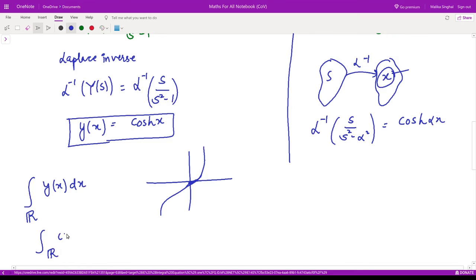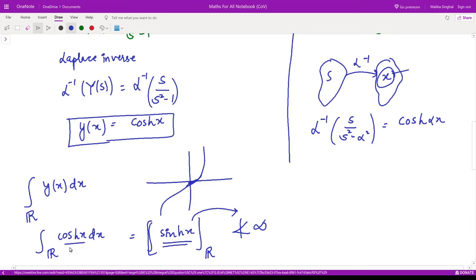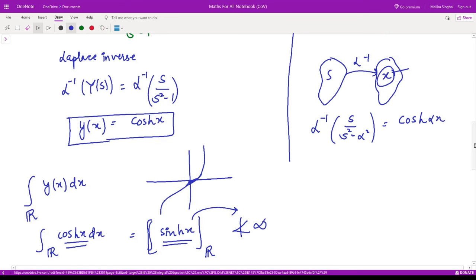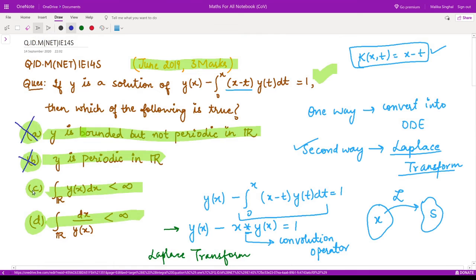It is equal to cos hyperbolic x dx, and the integration of cos hyperbolic x dx is simply sine hyperbolic x, with limits over the region R, that means limits varying from minus infinity to infinity. That is surely not finite, that is surely infinite, because we are talking about the area under this function, right? So this is not finite, so this option is also incorrect.